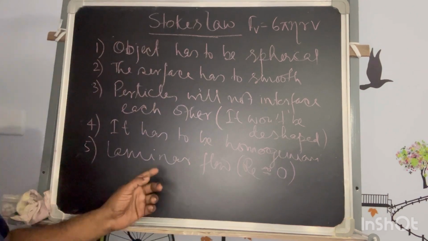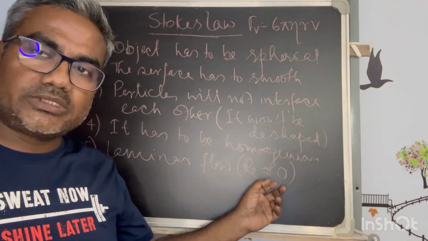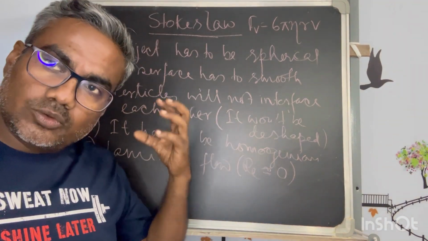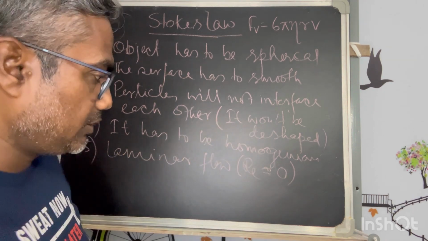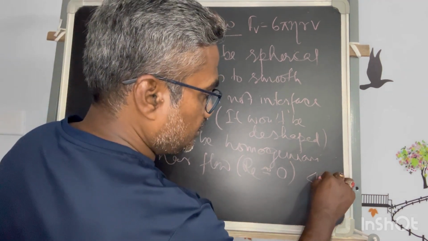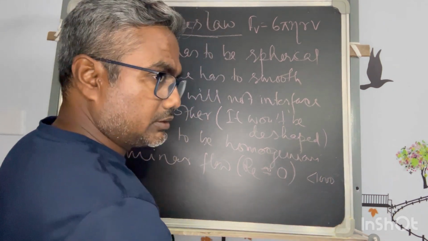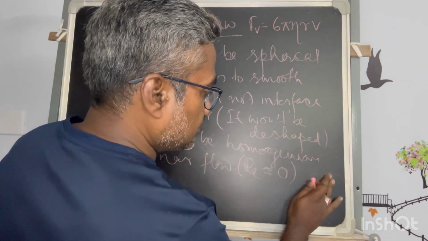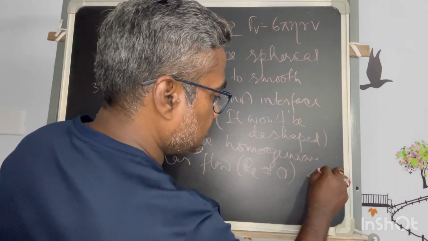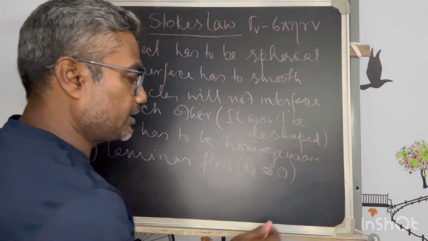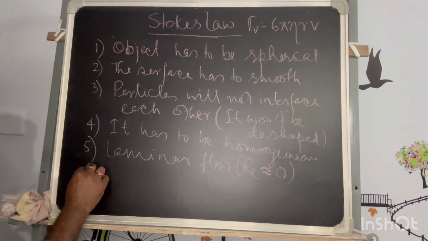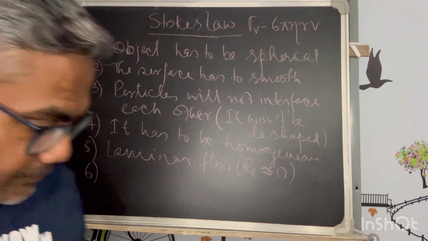So he is taking the Reynolds number to be approximately 0, so there is the lowest laminar flow in that. For laminar flow, we know it has to be less than 1000, but in this case he is taking less than 1 and approximately 0. This is the condition for him. He has taken it as the condition.